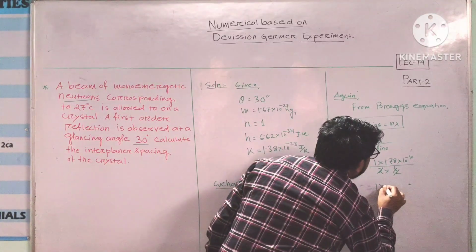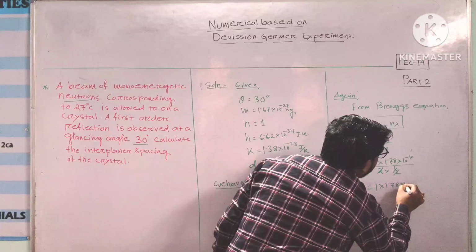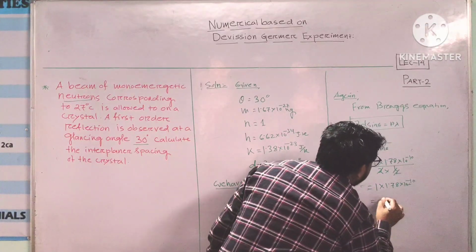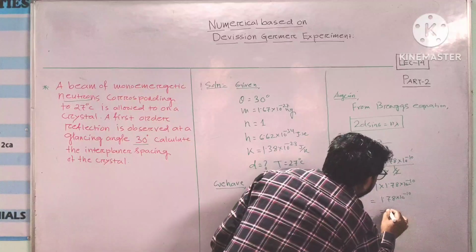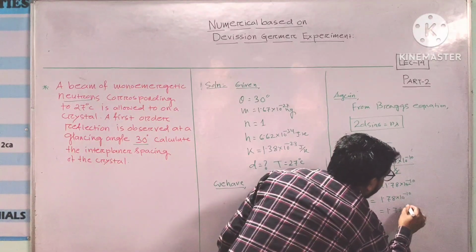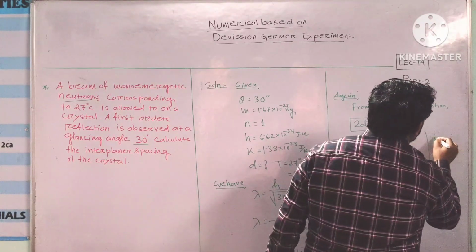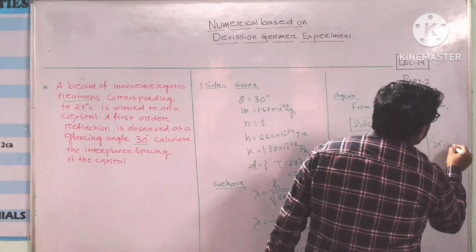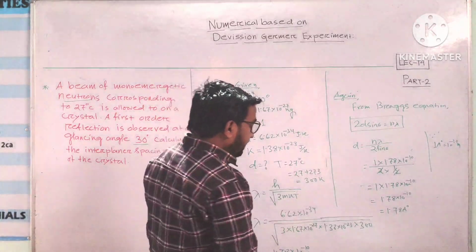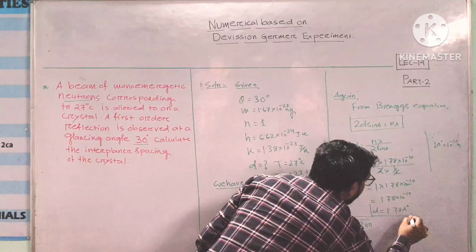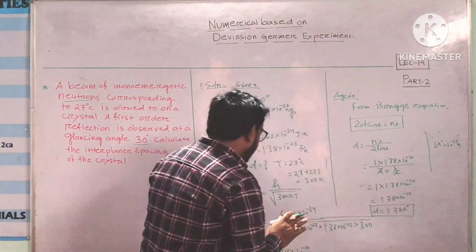Finally, we can write 1 into 1.78 into 10 to the power minus 10. After solving this part, 1.78 into 10 to the power minus 10, and this is equal to 1.78 angstrom, because we know that 1 angstrom equals 10 to the power minus 10 meter. So this is our required interplanar spacing or distance, and this is our required wavelength.